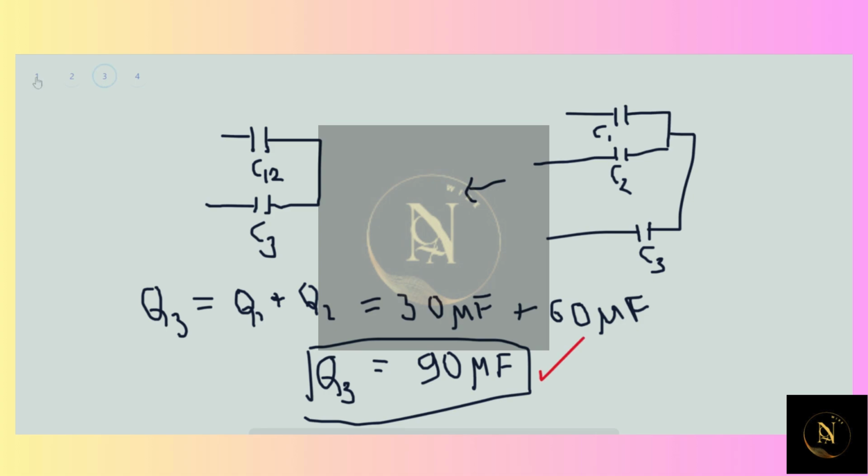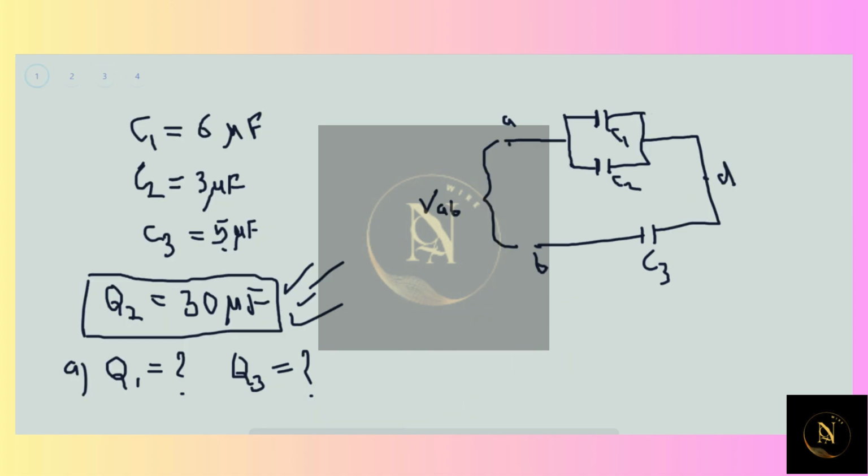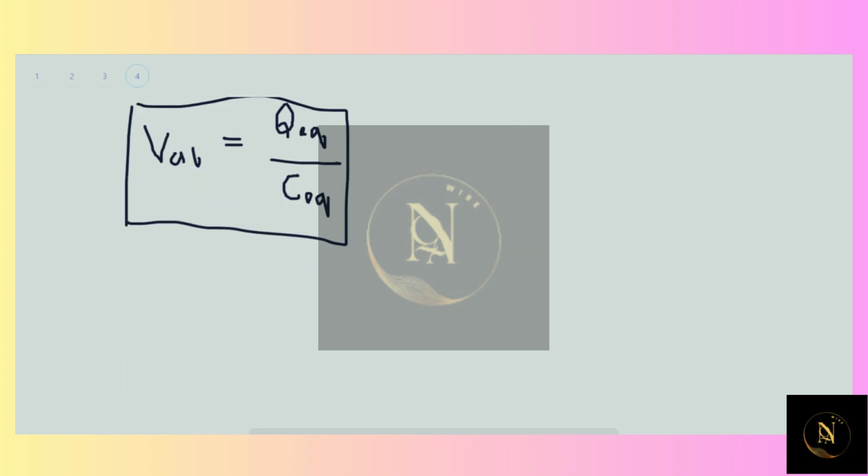As you can see from the first page, two of these capacitors, C1 and C2, are connected in parallel, and a third capacitor is connected in series with that combination. In order to find the net capacitance, we first need to find the equivalent capacitance of C1 and C2, which are connected in parallel.